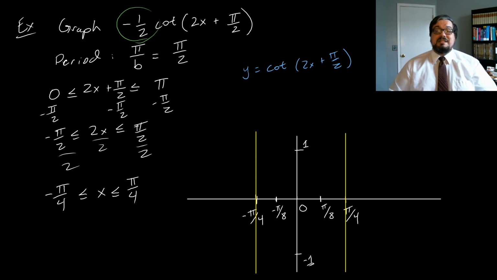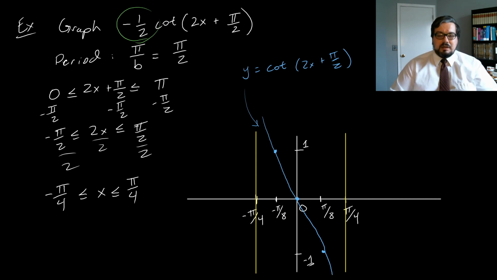So we know that cotangent is decreasing, and we know that a quarter of the way through its period, it has value 1, halfway through its period, it has value 0, and 3/4 of the way through its period, it has value -1. So that tells us that cotangent of 2x plus pi over 2 looks approximately like this. And we can even label these points, which is a very good idea.